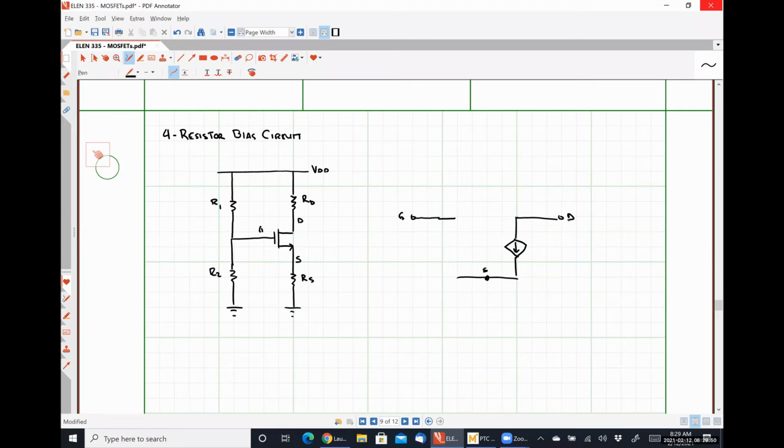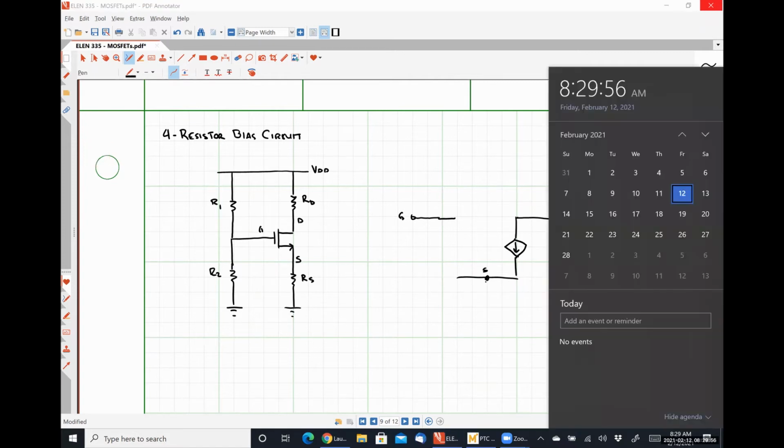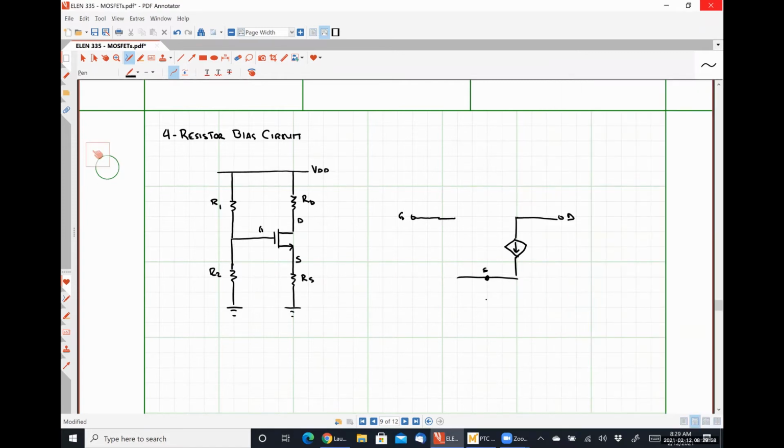So between the source and ground, I have that resistor RS. Sneak that resistor in right here. This voltage will be VGS, whatever it happens to be. The current flowing between my drain and my source is my drain current, whatever it happens to be, and we're going to talk about that momentarily.